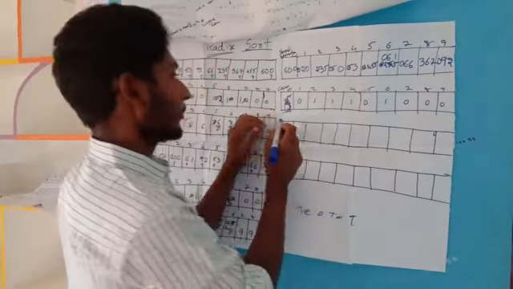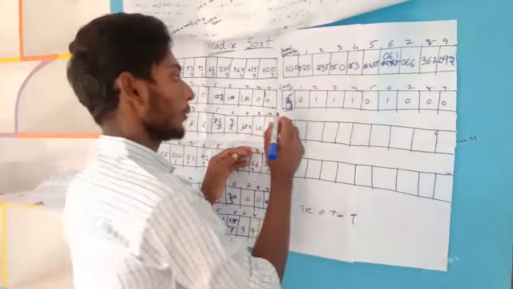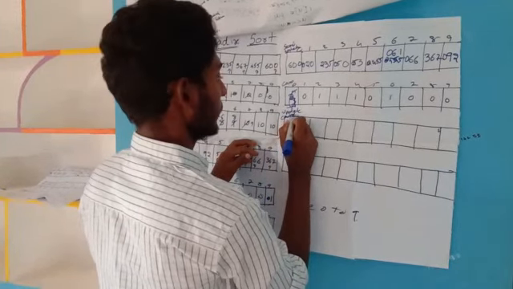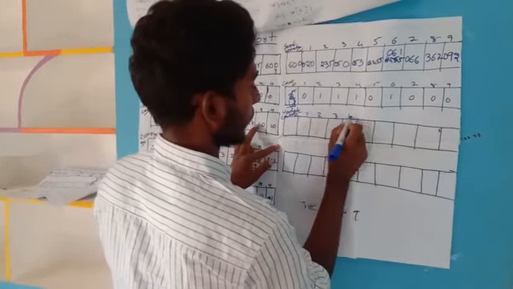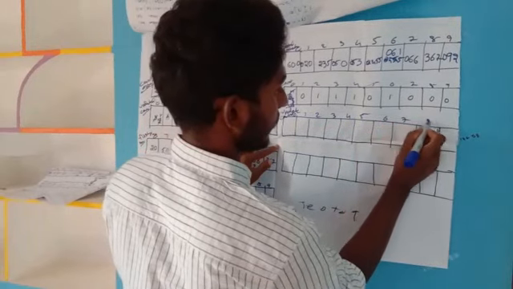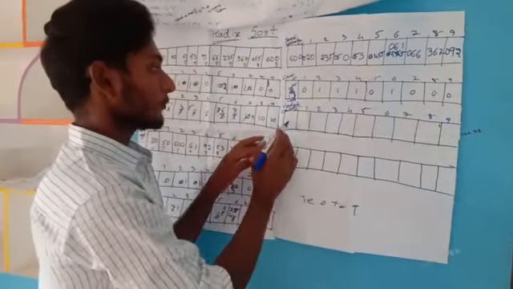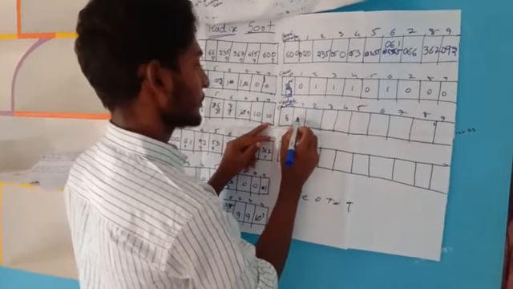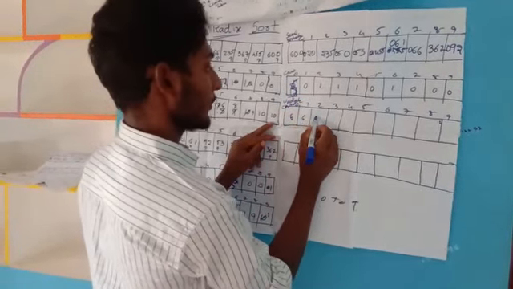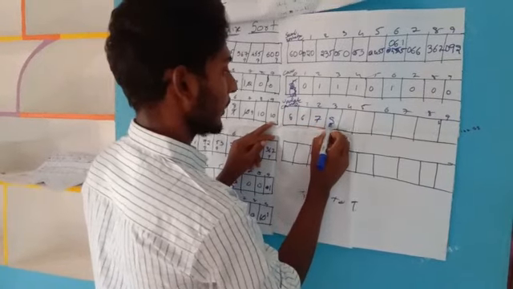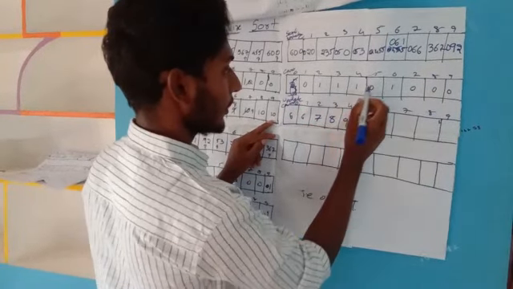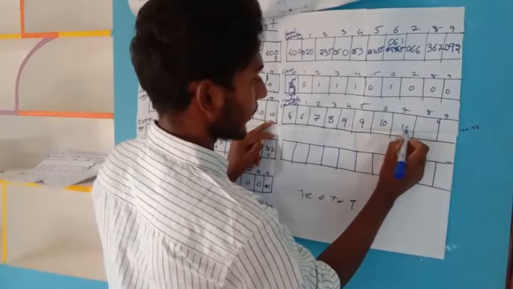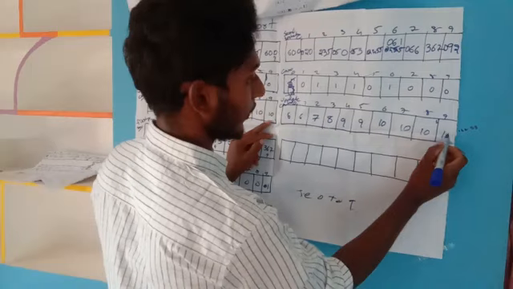So after this counting array, we have to update the counting array. The first value will remain the same. 6 plus 0 is 6, 6 plus 1 is 7, 7 plus 1 is 8, 8 plus 1 is 9, 9 plus 0 is 9, 9 plus 1 is 10, 10 plus 0 is 10, 10, 10.